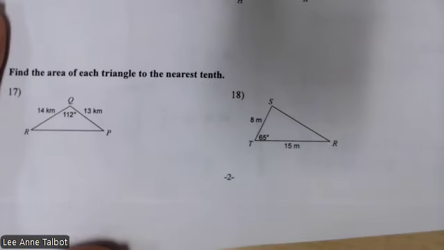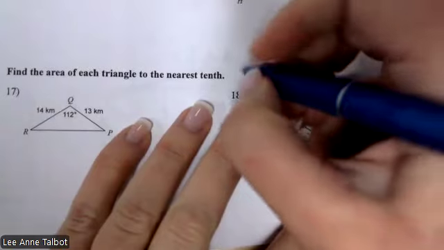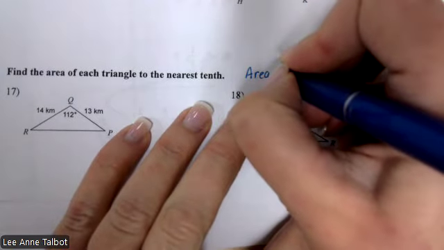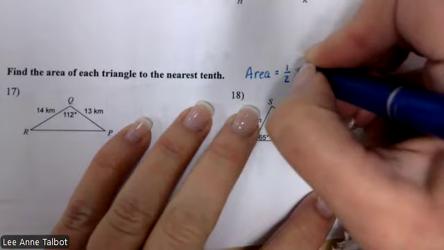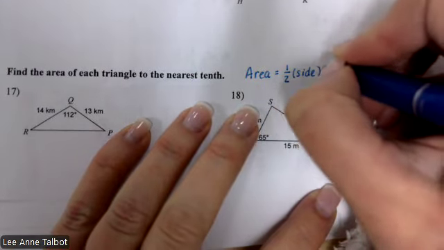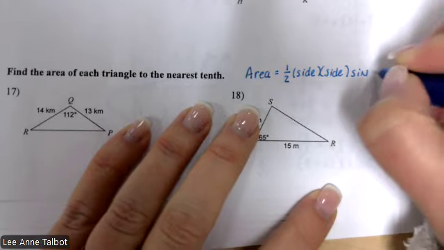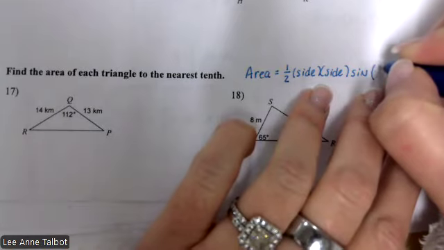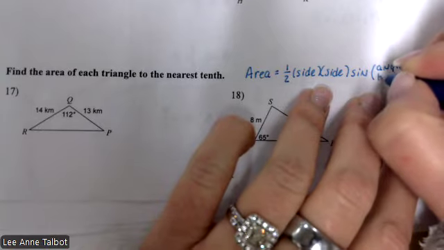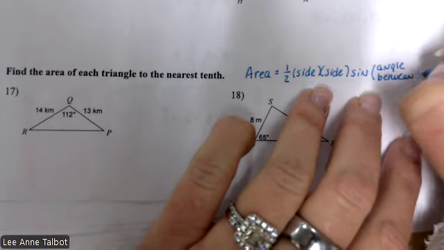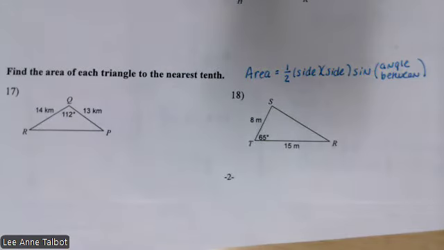Really quick, if you scroll down to 17 and 18, just a reminder. That's the formula for area of a non-right triangle. 1/2 side times the side.